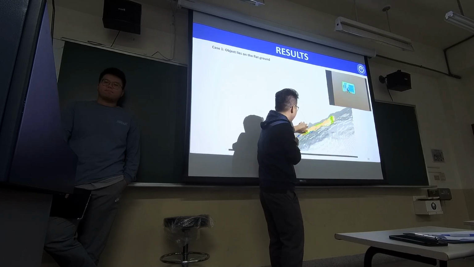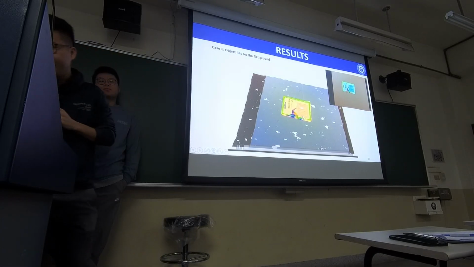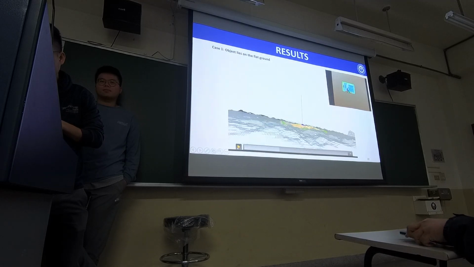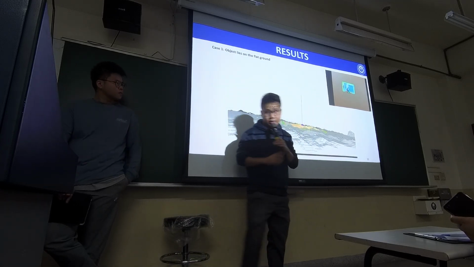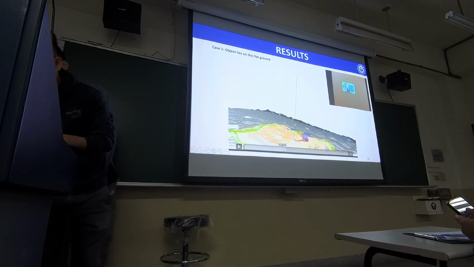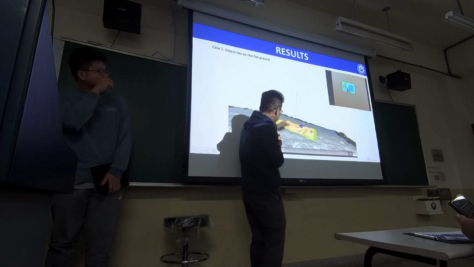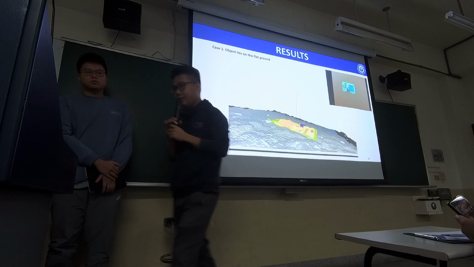Yeah, green line, Z-axis. And this red line is the X-axis line. You can see this is the red axis, the red line on the object.